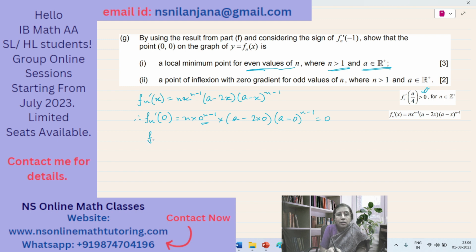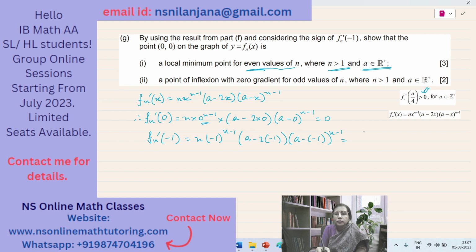So Fn dash of -1 is equal to n times -1 to the power of n minus 1 times a minus 2 times -1 and a minus of -1 to the power of n minus 1, which is equal to, now since n is an even positive number, so n minus 1 will be an odd positive number.